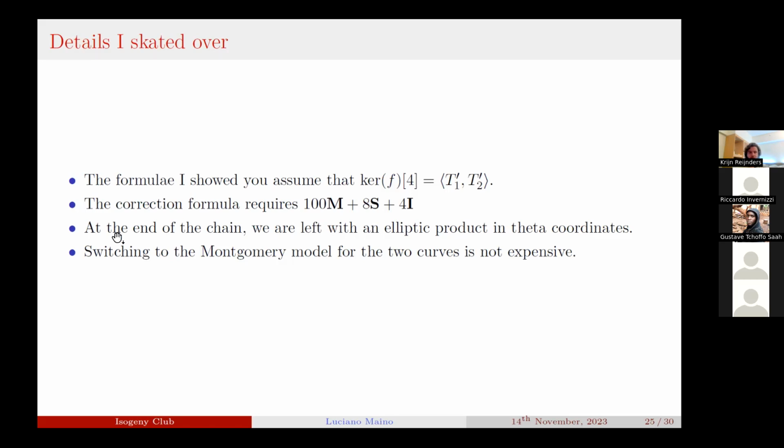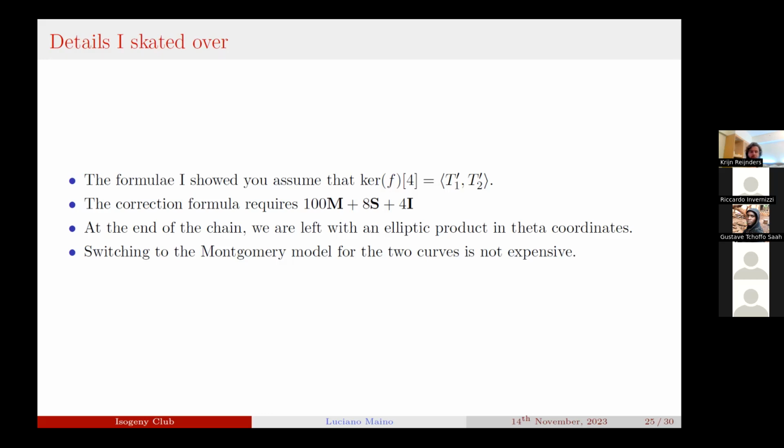And then another detail that I've not talked about is that at the end of the chain, we are left with an elliptic product in theta coordinates. For cryptographic reasons, we would like to work over the Montgomery model of these curves. So we need to switch from the theta model of this elliptic product to the Montgomery model for the two curves.